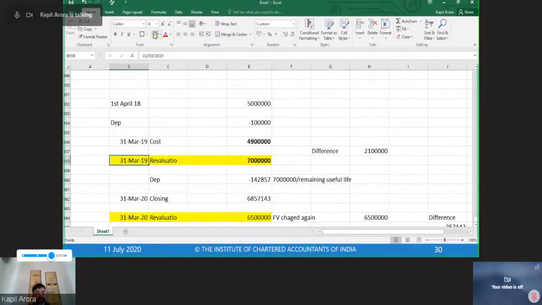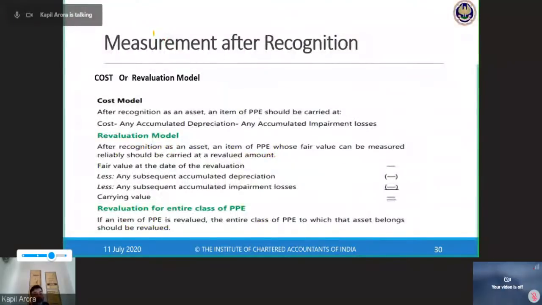So revaluation means fair value on the date of revaluation less any subsequent accumulated depreciation, and any subsequent depreciation which happens will happen on the revalued amount.